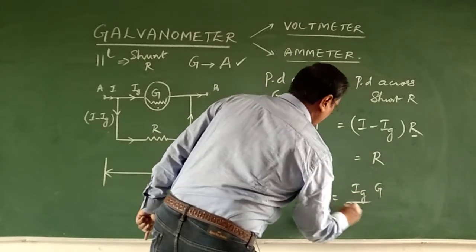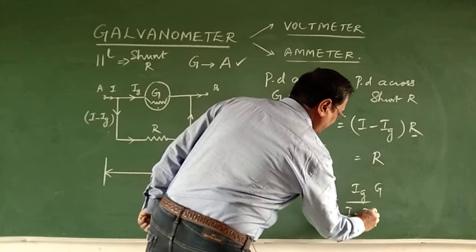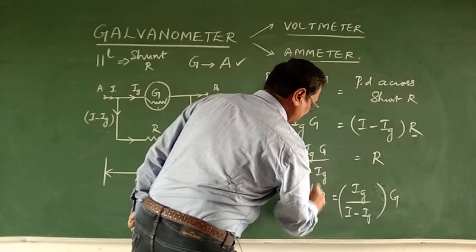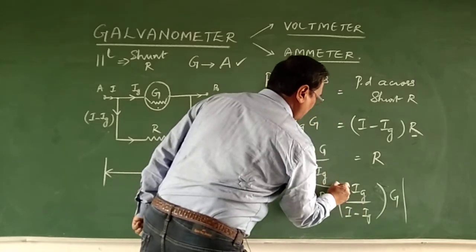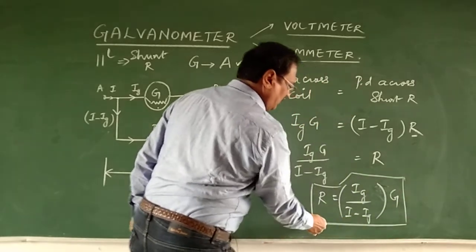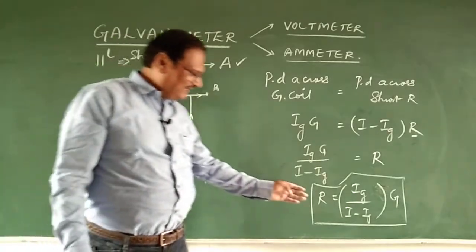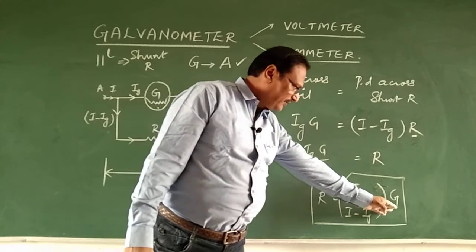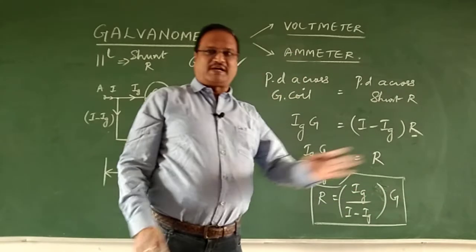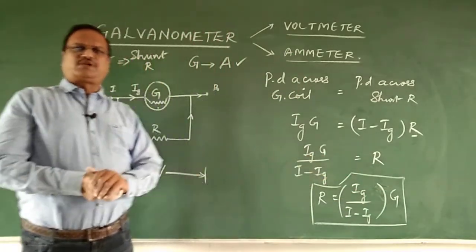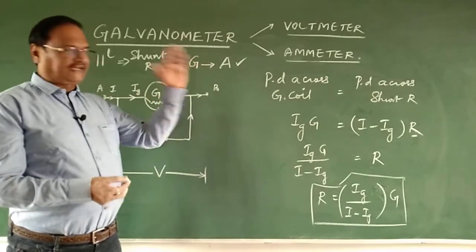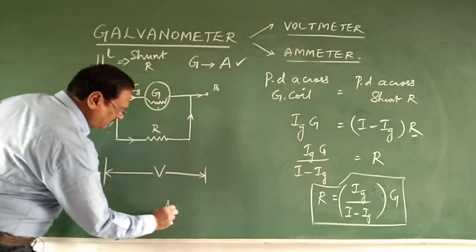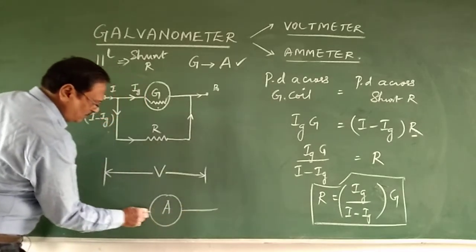You can put this in brackets like this, and this gives you the formula for the conversion: what should be the value of the shunt resistor in terms of the galvanometer coil resistance and the current passing through. We can use this to measure current, and the whole thing will turn into an ammeter.